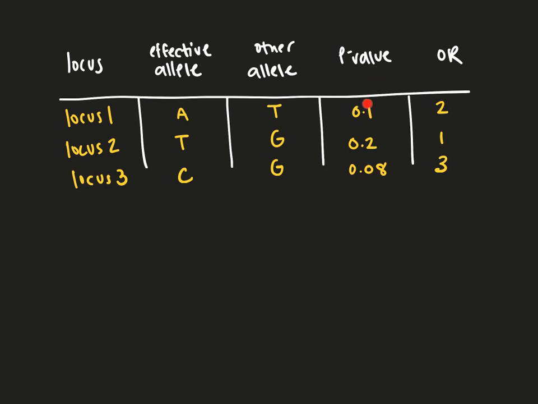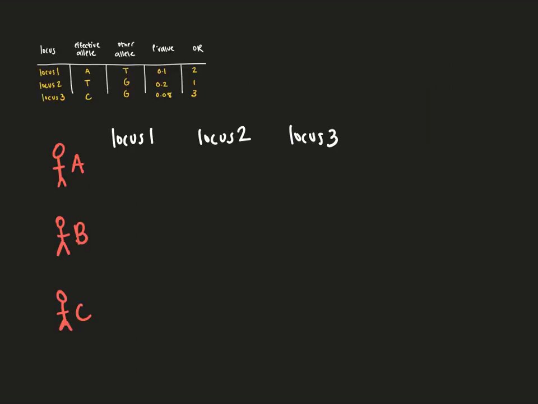I can still use data from all loci, even if I don't see a statistically significant association with my trait. So what can I do with this data? In particular, I'm going to use this odds ratio, which is the strength of the association, or you can think of it as the weighted risk that this allele at this locus confers on the phenotype.